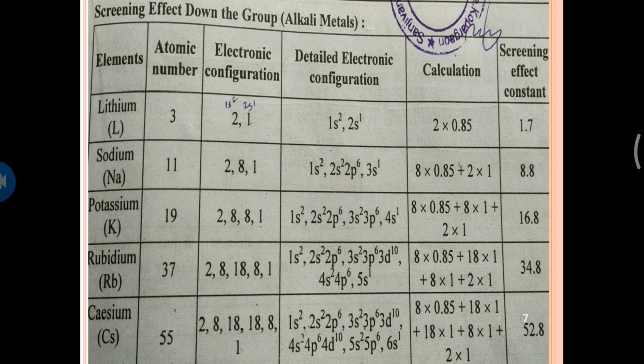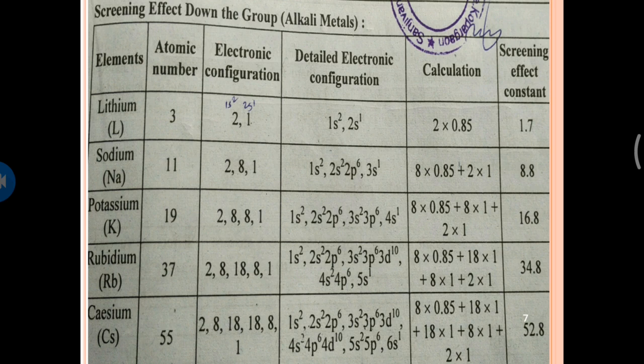So now the calculation of the screening constant: 2 into 0.85 is equal to 1.7. Similarly for sodium, potassium, rubidium and cesium atoms.